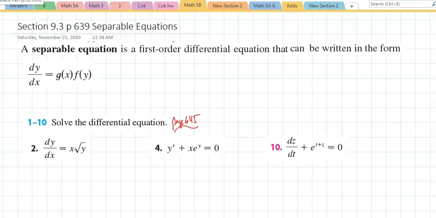Okay, the last section we're going to cover is 9.3, on page 639. It talks about separable equations. This is a first order differential equation that can be written in this form.